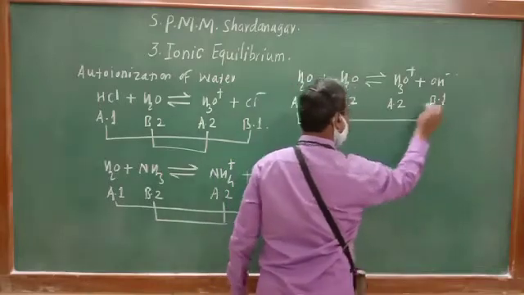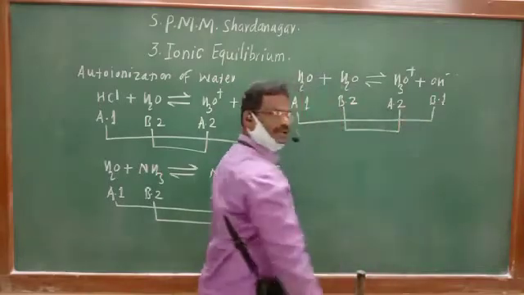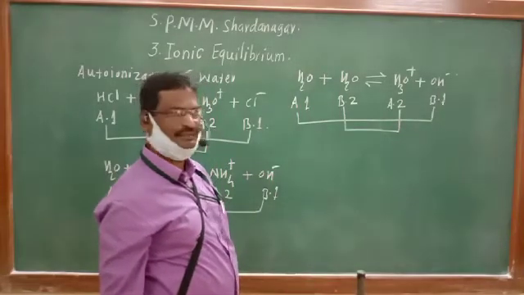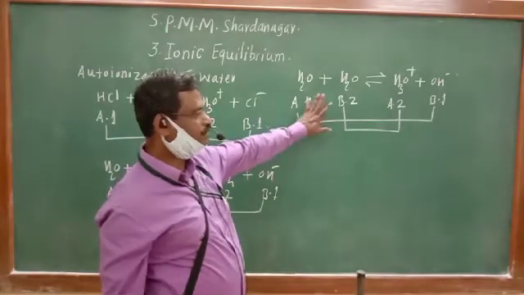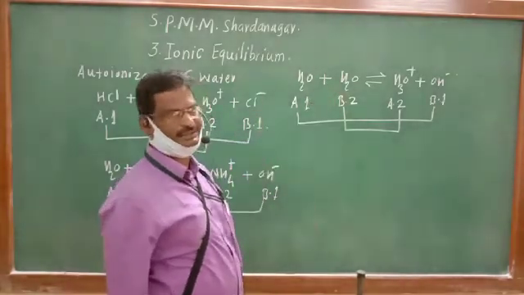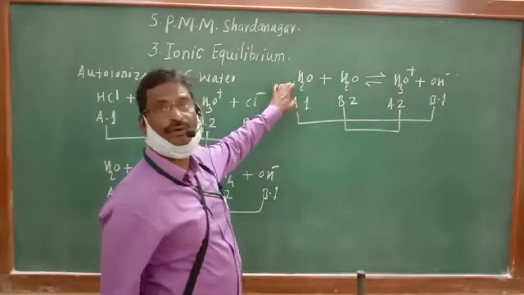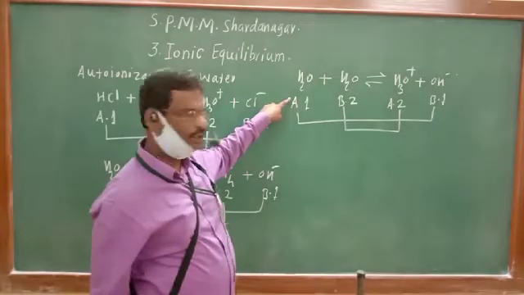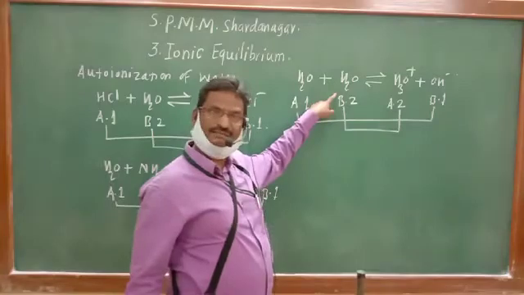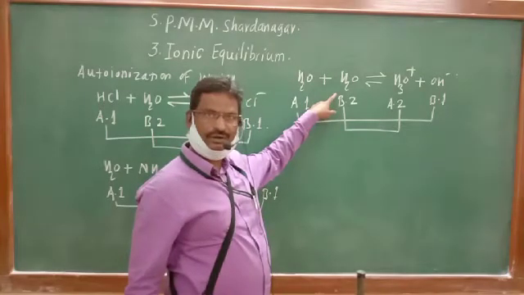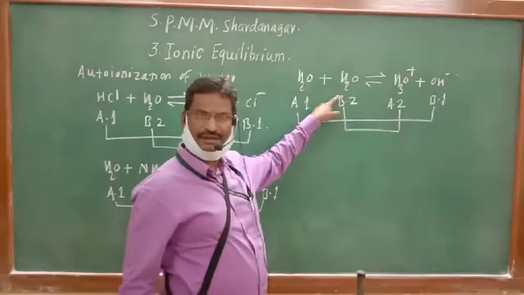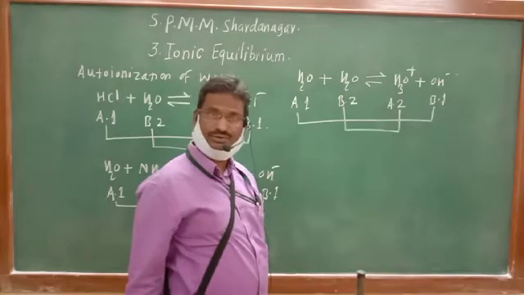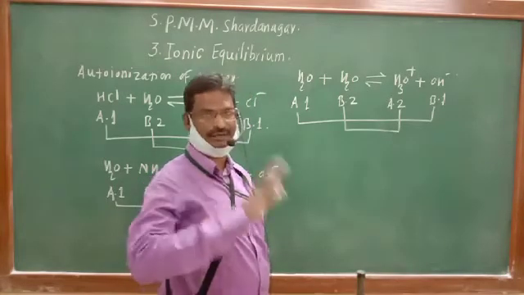Acid 1 and base 1, acid 2 and base 2 are the conjugate acid base pairs. This is an important reaction. One molecule of water acts as acid, the other molecule of water acts as base. Transfer of proton from acid to base takes place and conjugate acid base pairs are obtained.